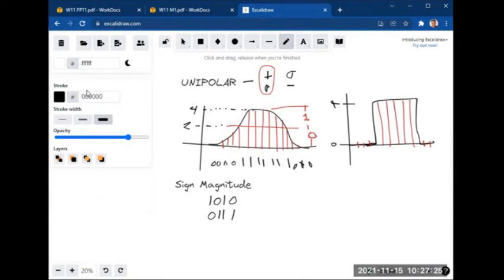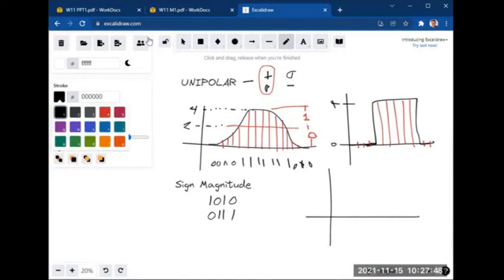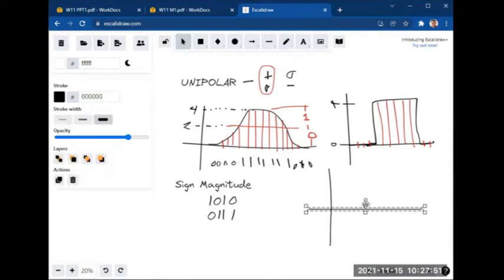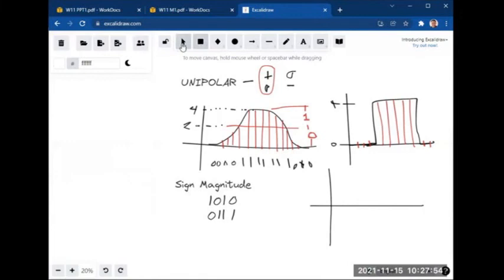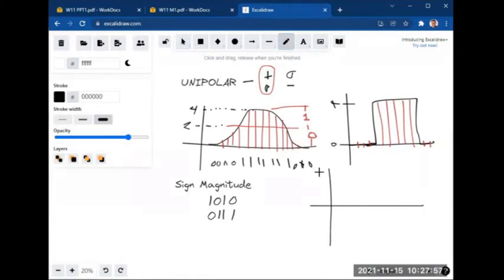When we convert a digital code like this one to a waveform, it is not limited to only 2 values. Okay, what happens here is, for example, the maximum voltage is 4 volts. No. Let's do 8 volts or 7 volts.